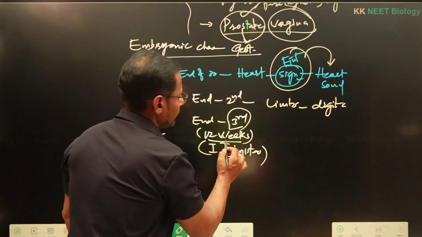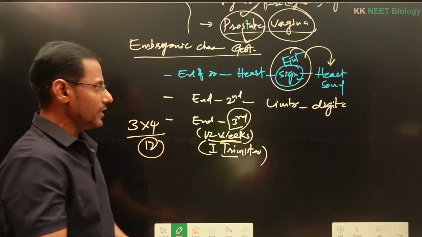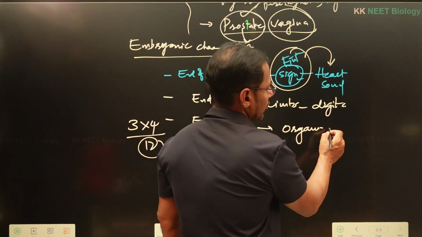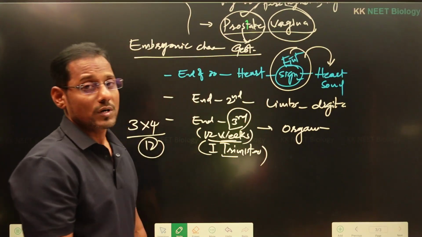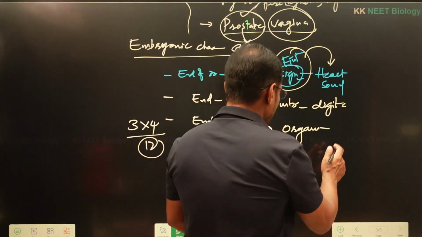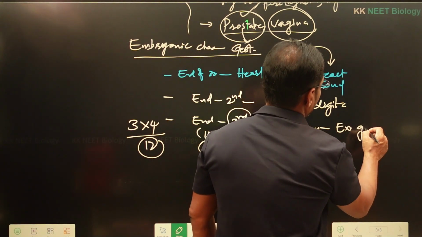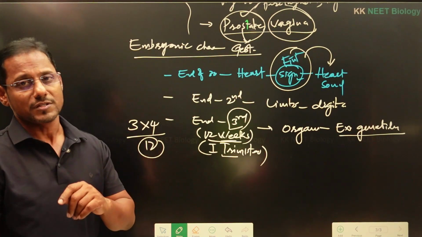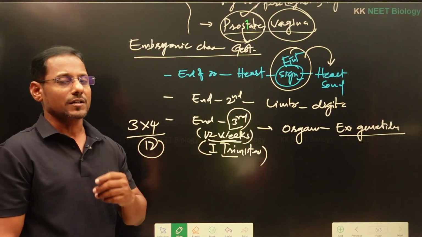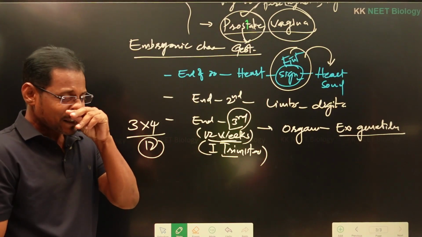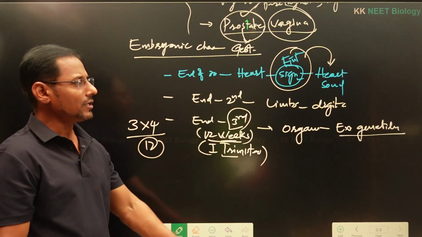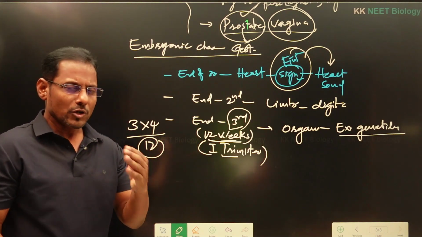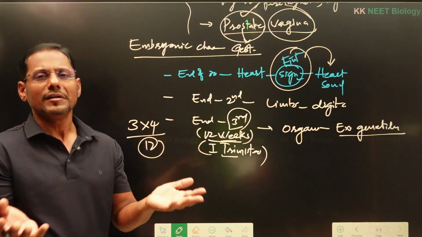After the 12 weeks, all the organ systems are developed, as well as, and here you must focus, the external genitalia. Generally sex determination is checked only after the first trimester, because before that no genitalia is formed.